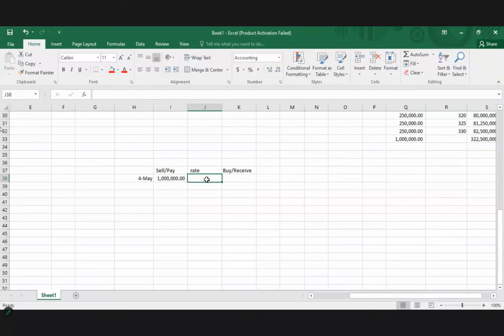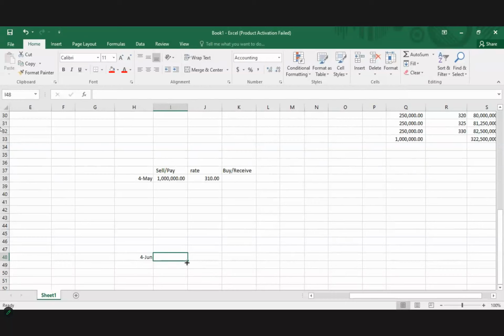On the 4th, I sell, and the agreed rate is, let's say, forward FX, let's say 310 to the dollar. This is a transaction. But it basically settles on the, let's say, 4th of June.